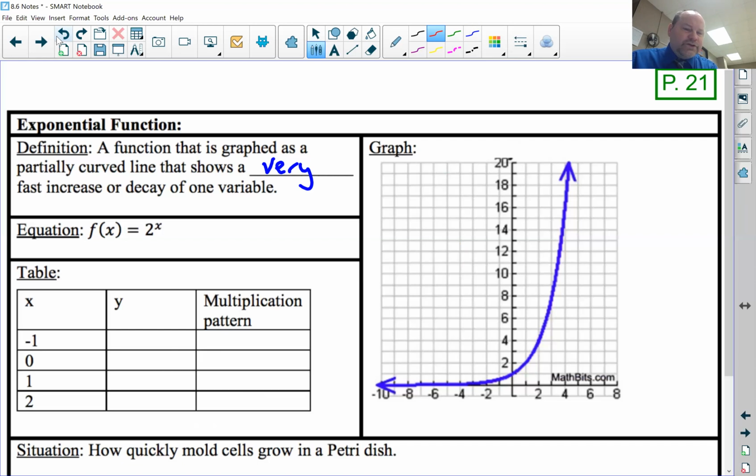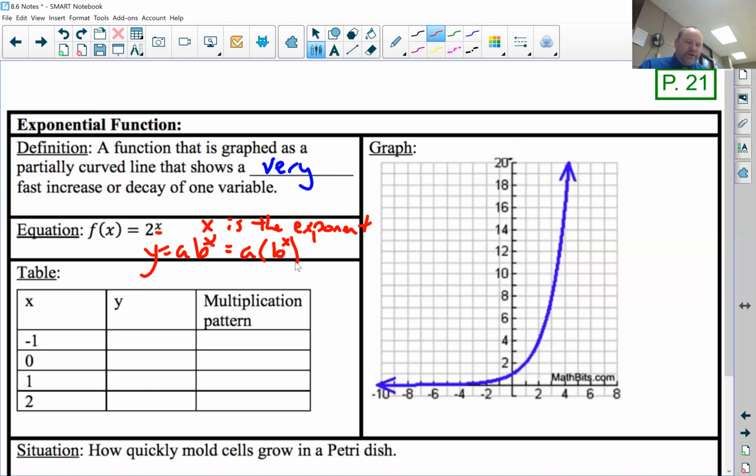An exponential function has x as the exponent. So the general form is just y equals a times b to the x. And sometimes it will be written with b to the x in parentheses.